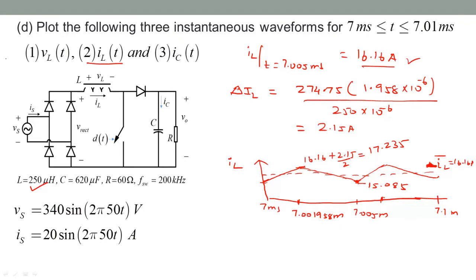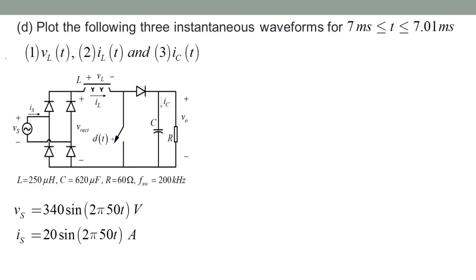Okay, and the last one is the capacitor current IC, shown as going into the capacitor, and so this is going to be switching between, when the switch is on, there is no current from the diode, so that would be just the entire load current in the negative direction, and when the switch is turned off, it will be this inductor current at that instant on the sine wave minus the load current.